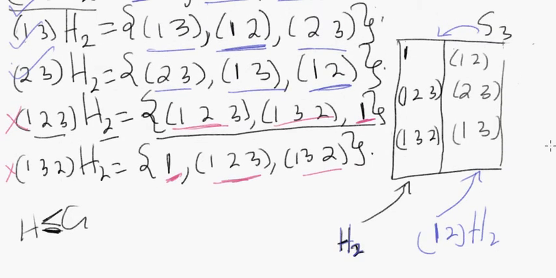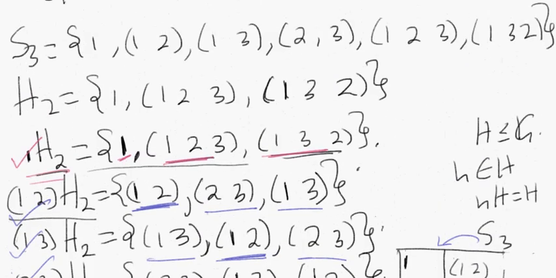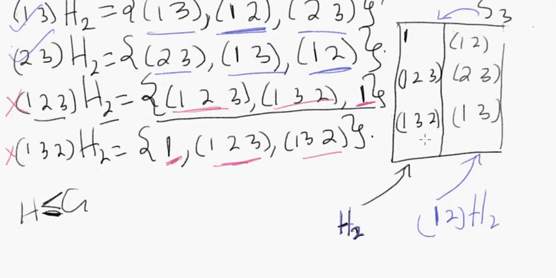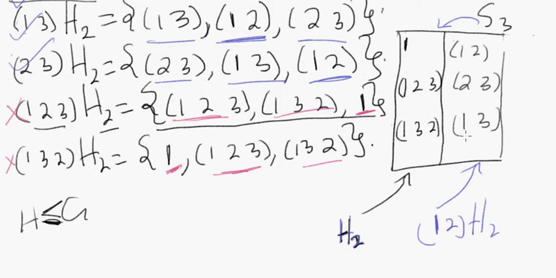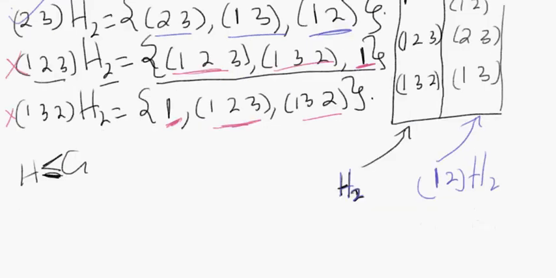Right, so we can ask a question about these cosets here. S3 was partitioned by 2 cosets, H2 and 1, 2, H2. Usually the way we refer to this is that the number of cosets that partition, let's say S3, is called the index of H2 in S3.